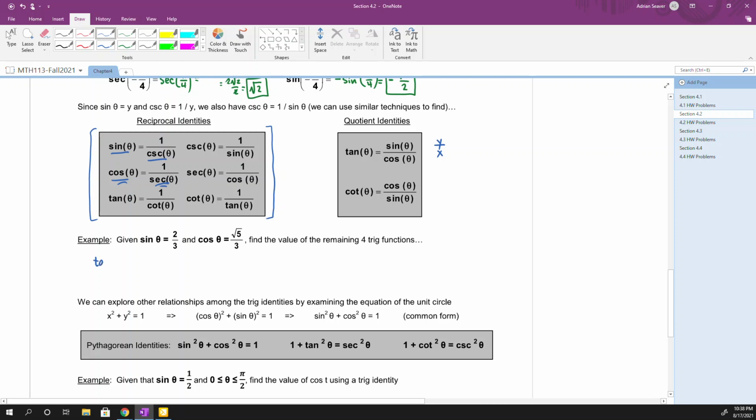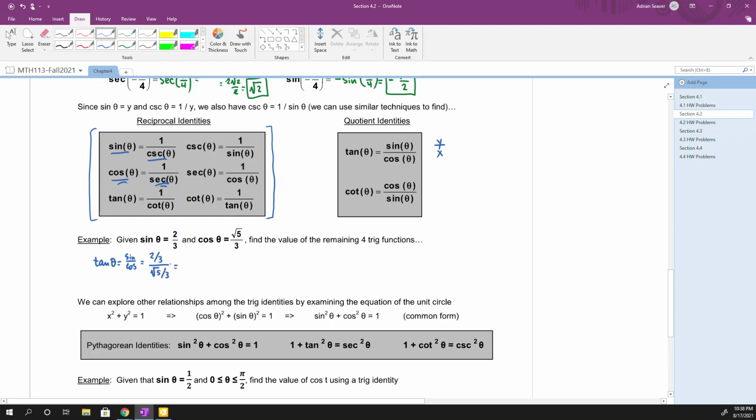The first one I might want to find is tangent of theta. Well, that's going to be sine divided by cosine, or in this case, 2/3 divided by square root of 5 over 3. Sorry, I wrote that wrong.